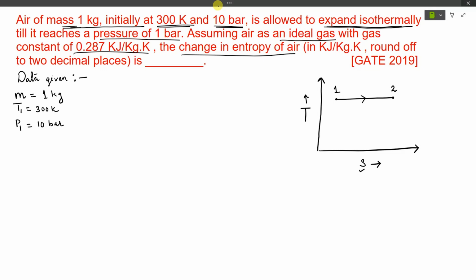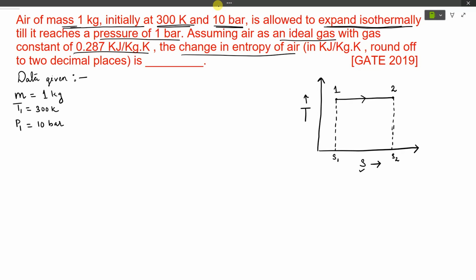As it is an expansion process, we can say that the entropy is increasing. Initially the entropy is S1, and after expansion the entropy becomes S2. From this diagram, it is clearly visible that S2 is greater than S1. So entropy is increasing here.